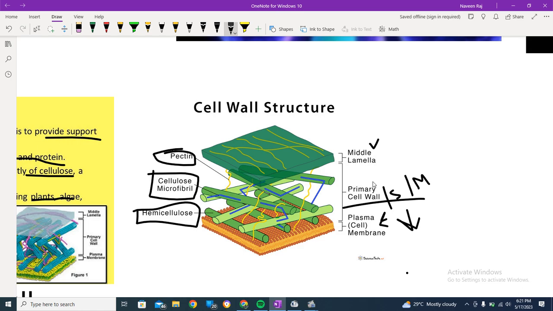And remember, this is very important for MCQs: this primary cell wall is living, and it grows as well. Generally, we take the cell wall as non-living, but this layer is termed living. It is thin and flexible, and composed of different things depending on the organism.